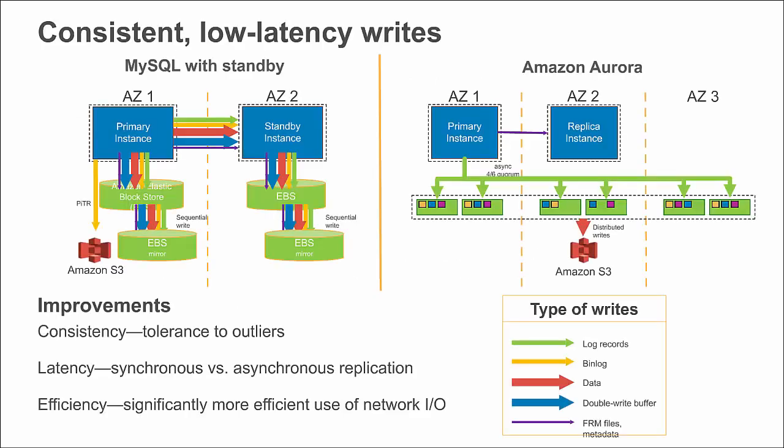When you look at MySQL, this is a comparison of how these writes happen in MySQL versus Aurora. In Aurora, we use probably the world's largest multi-tenant, highly redundant storage and network storage underneath.